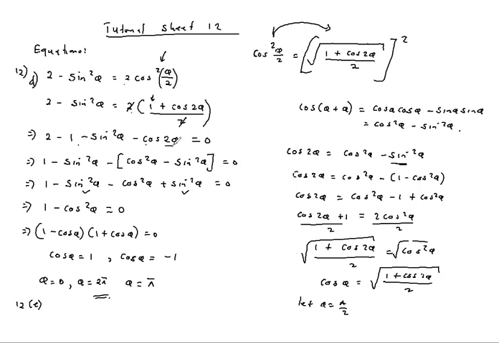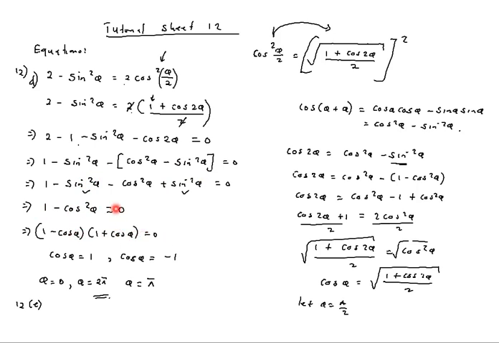Then you change the cos 2 theta using that identity, which we derived through there. And then you bring it here. Then you expand the negative. Then this and that goes. So I remain with this.